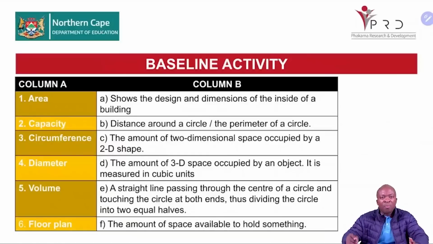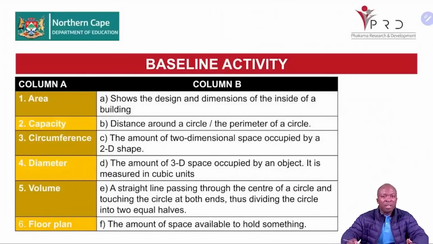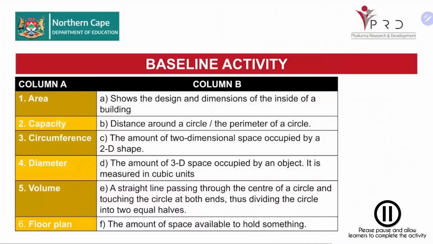Let us try to match the word that goes with its explanation so that we see if by this time you are fine or not. All right, so if you did it correctly, we are looking at the following. Whenever you find questions like this, what you can do is look at the ones that you know first.